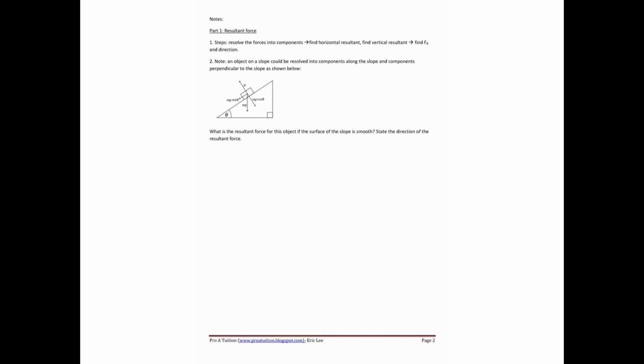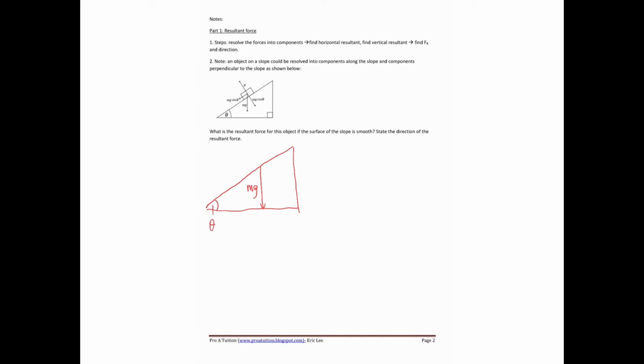So let's take a look here. Okay, so if you have mg that acts downwards, let's see how we make use of this theta here. For example, I draw the triangle. Okay, so the theta is there.